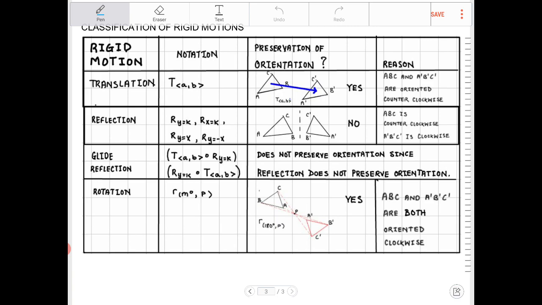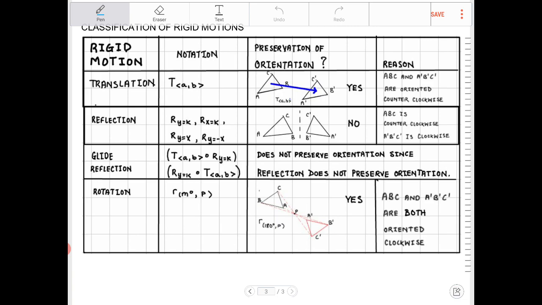First is a translation, then a reflection, a glide reflection, which is a combination of translation and reflection, and lastly the rotation. What makes these rigid motions is the fact that they all preserve length and angle measures. Everything about the image is exactly the same as the original object.